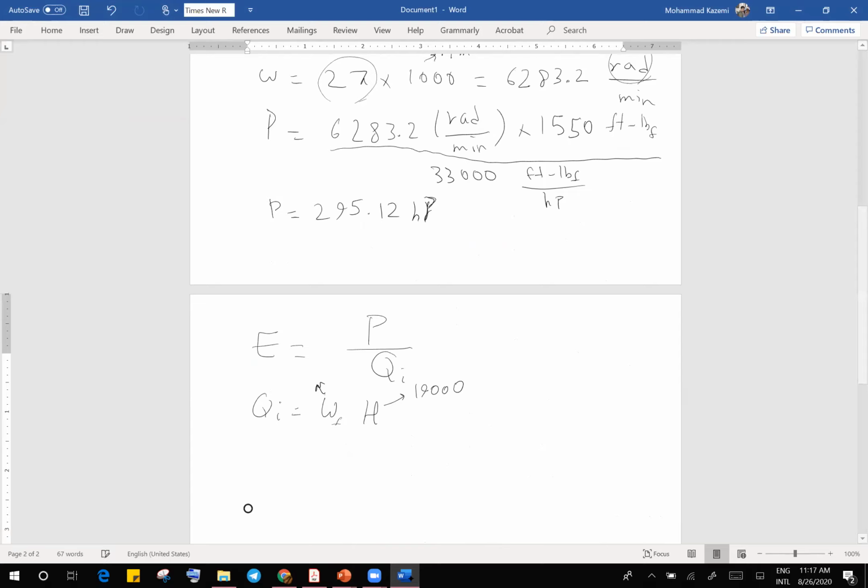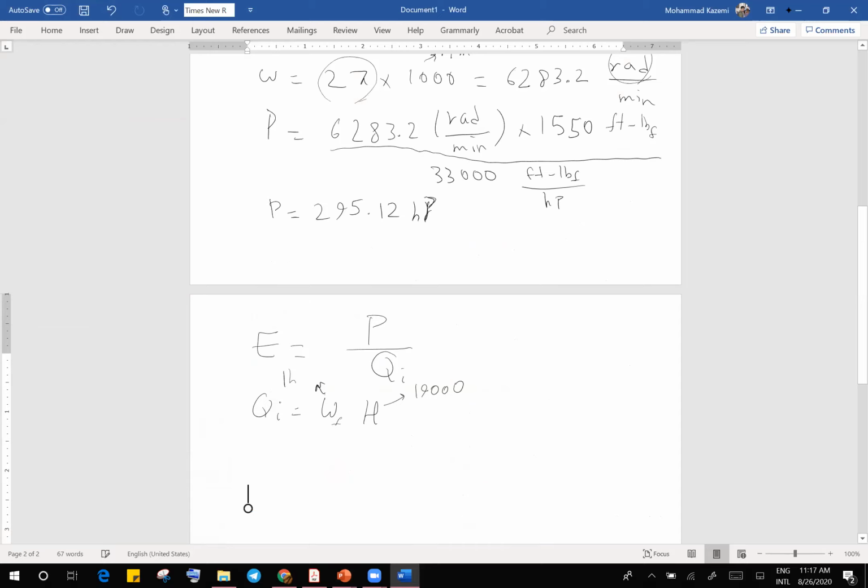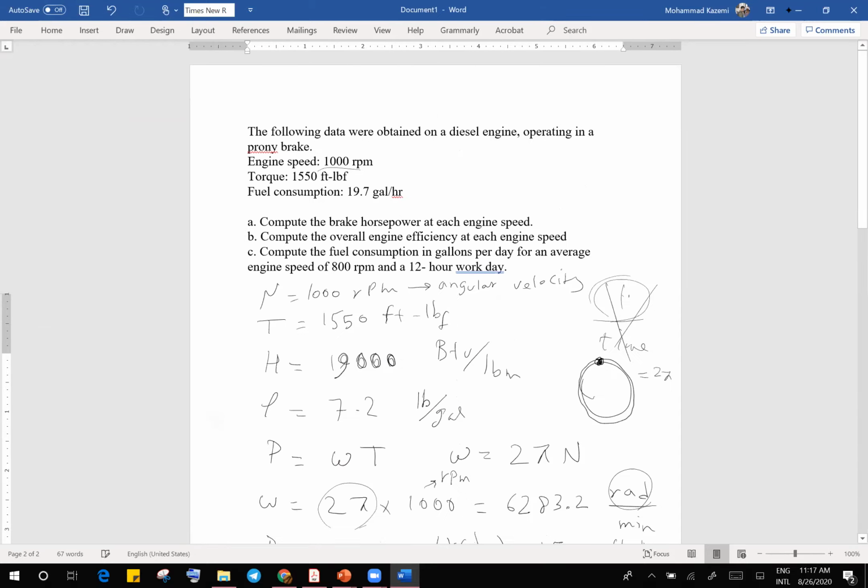And this W_F, what is the unit of this? Pound mass per minute, right? Do we have this number from the information we have here? From the fuel, what we have is the fuel consumption, which is gallon per hour, and we have the density.